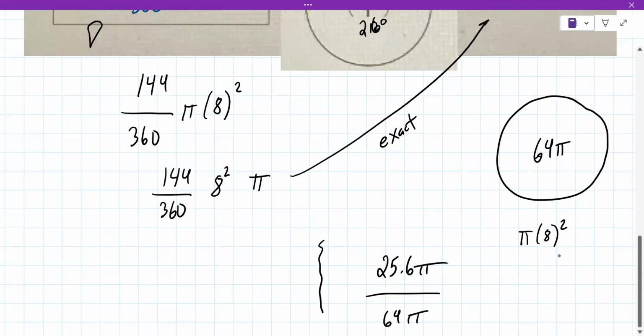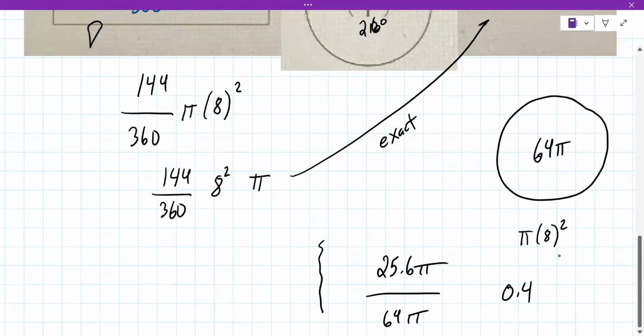And I can just make the pies cancel each other out, correct? Yes, exactly. I got 0.4.